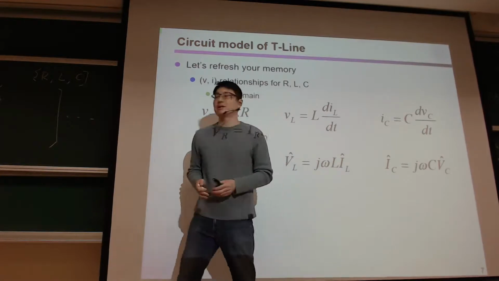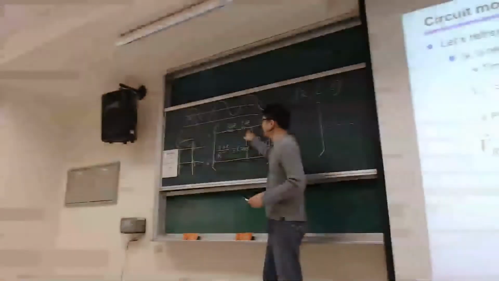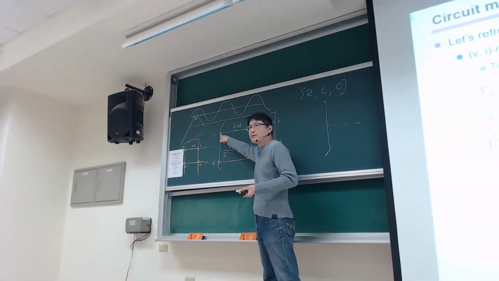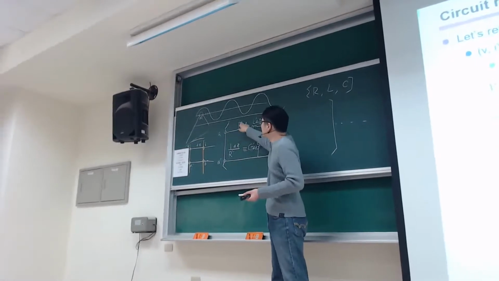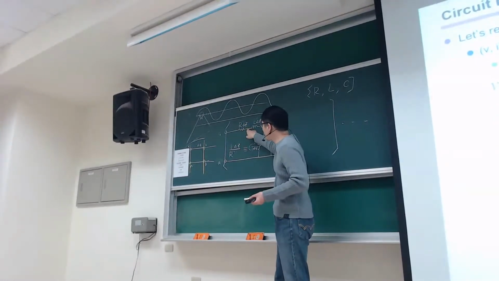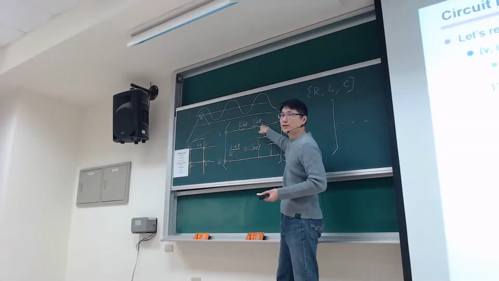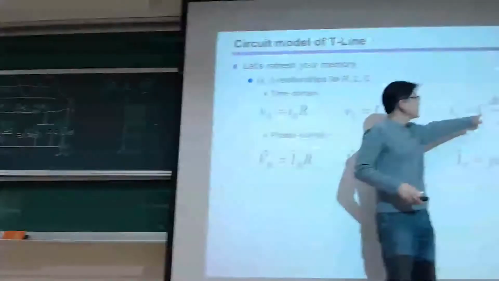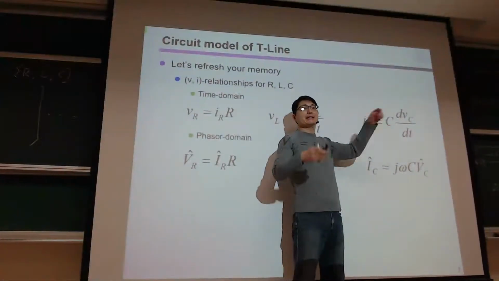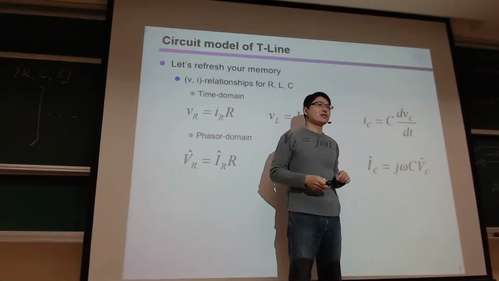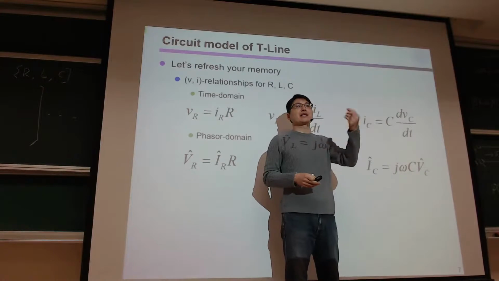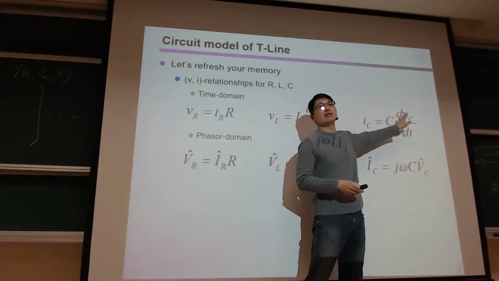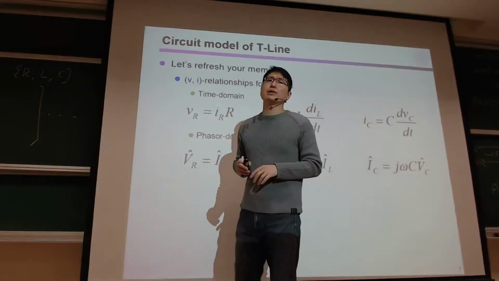We have a frequency dependent or time dependent wave, so when it meets the resistor, you will have a voltage drop. If you have a capacitor connecting between the two wires, you can have some kind of current drawing functionality, and that current is C dV/dt. That's something you know already.